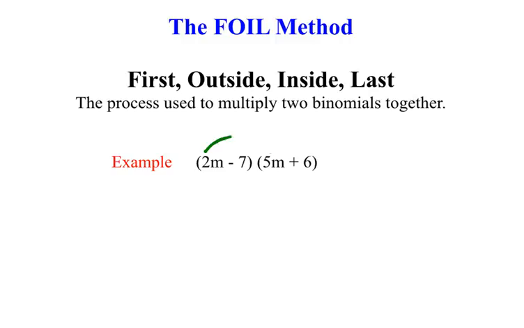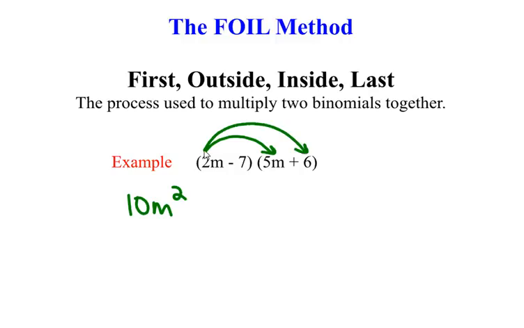So for example, that's where the F in FOIL comes from. First, we're multiplying the first term of each binomial together. And in this case, we would get 10m squared. Then we would distribute the 2m to the positive 6.